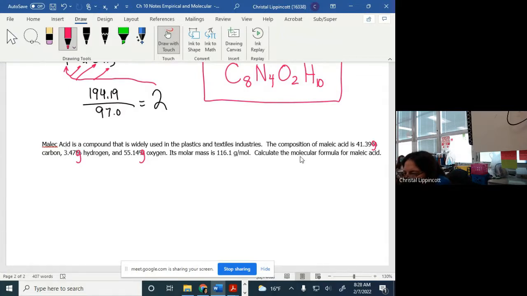Then from there, you're going to figure out the molecular formula for it. But if you can do empirical, then hydrates are super easy.